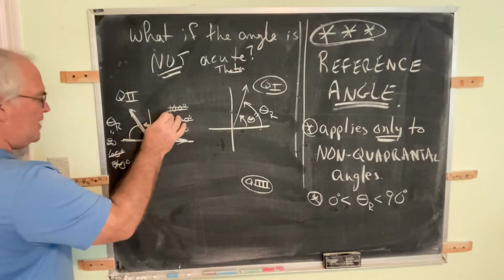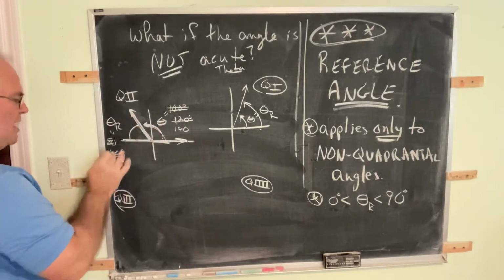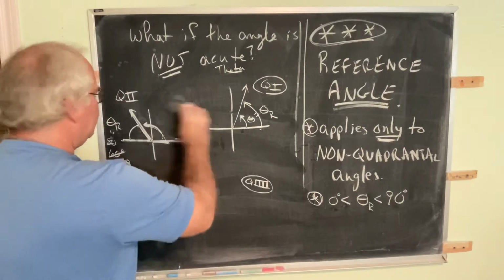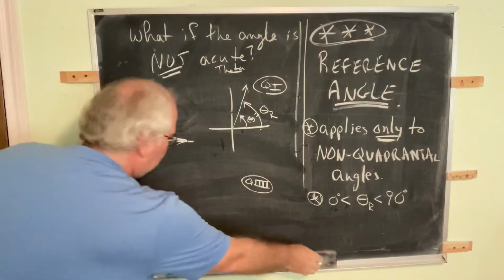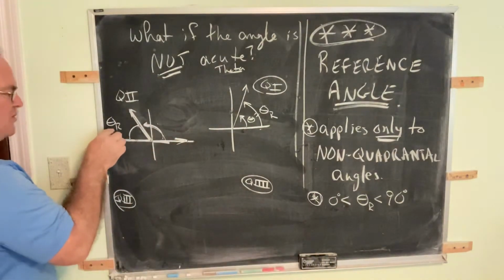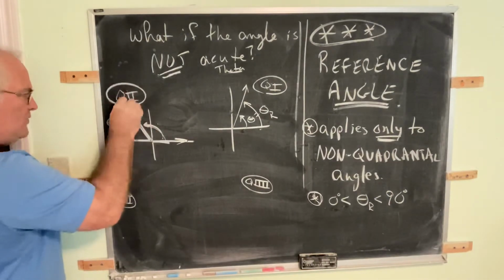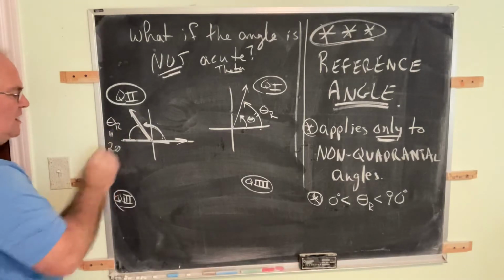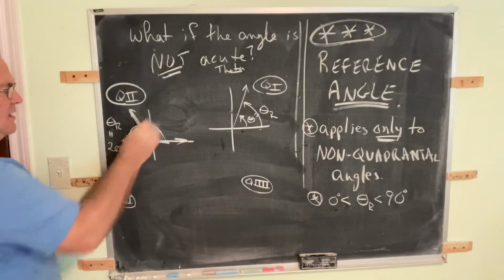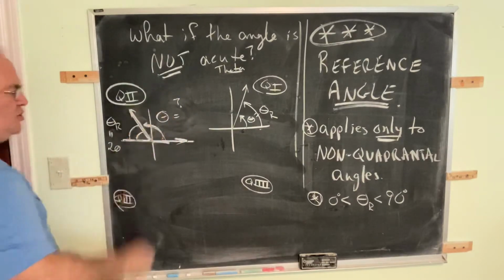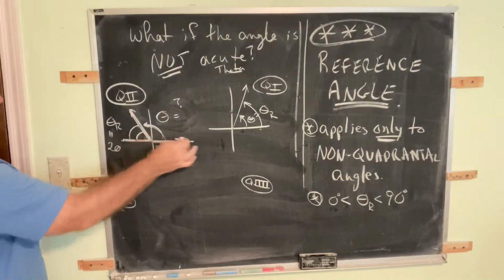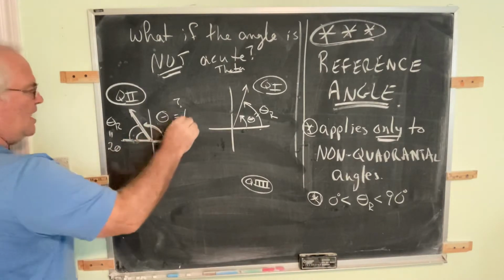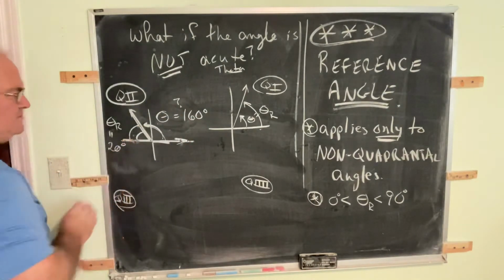So given any value of theta in quadrant 2, you should be able to find the reference angle. And vice versa. Suppose you're given theta reference, and you're given quadrant 2. If theta reference is 20, then you should know how much theta is. The grand total has to be 180, so theta has got to be 160 degrees.